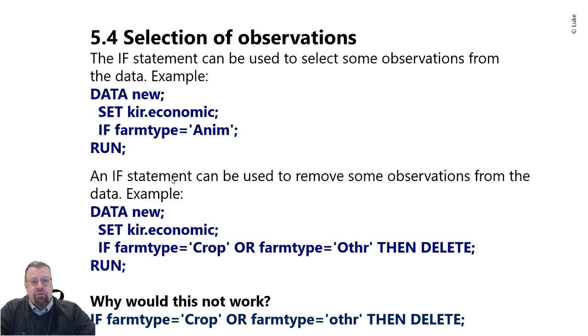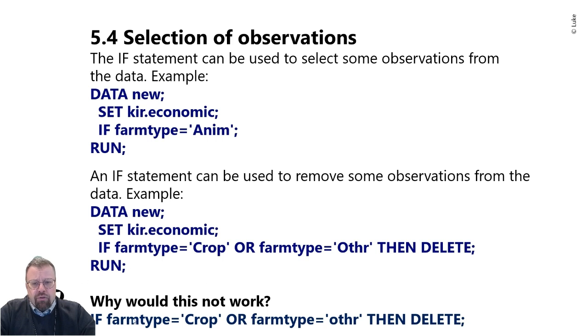So actually these two data steps create exactly the same end result. This one deletes those two farm types, and this one keeps only that farm type, and when we have only these three options, they result in the same end result.